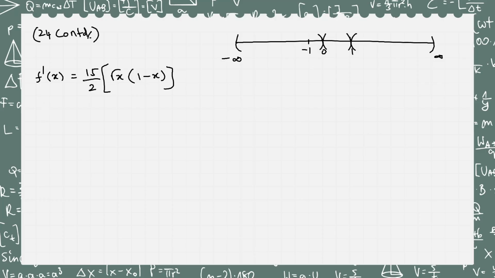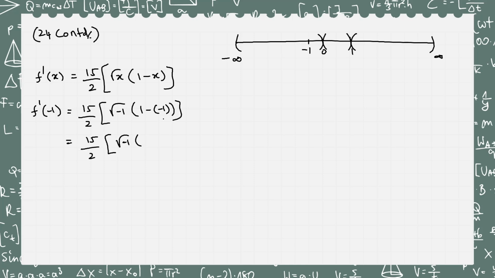So when we put minus 1 here, f dash of minus 1 equal to 15 by 2 into root of minus 1 into 1 minus of minus 1. And this will be 15 by 2 into root over minus 1 into 1 minus of minus 1 is 1 plus 1, which is 2.